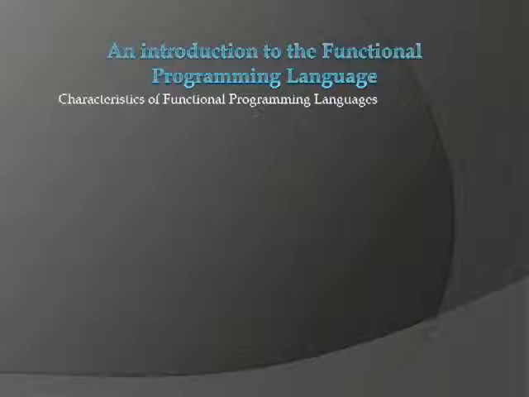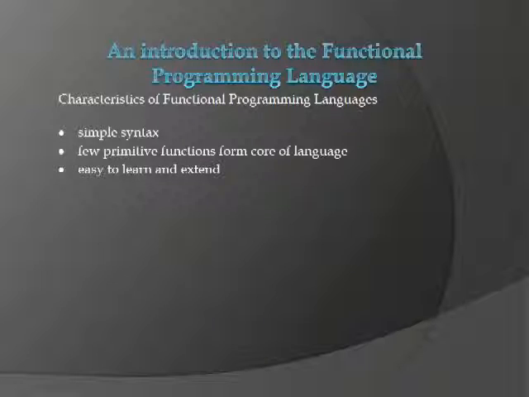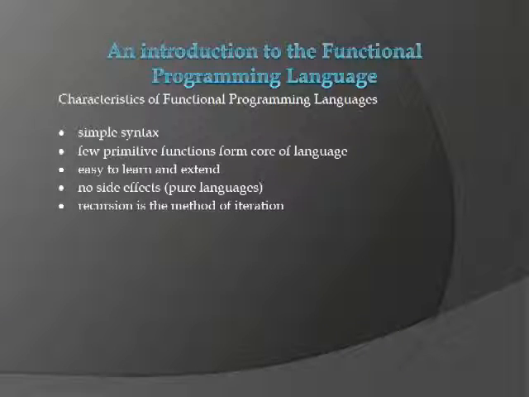Now, let's find out some characteristics about functional programming languages. It has a simple syntax, with few primitive functions forming the core of the language. It is easy to learn and extend. It has no side effects, which means a pure language.